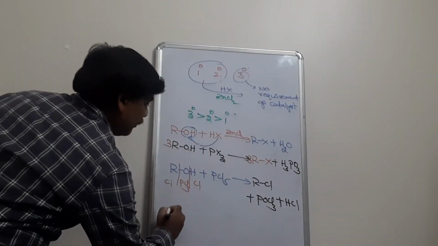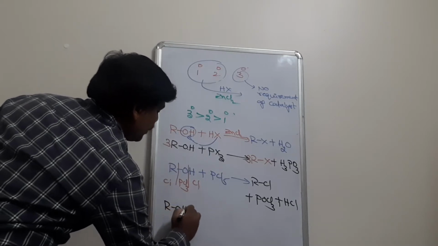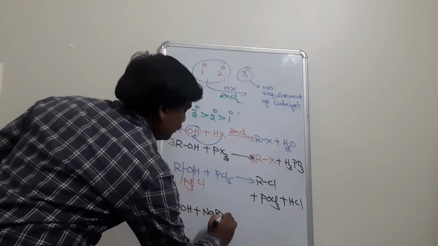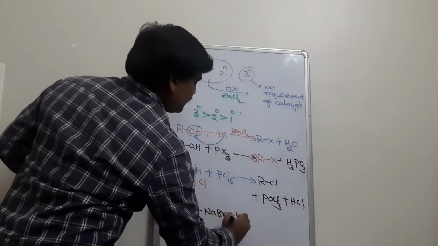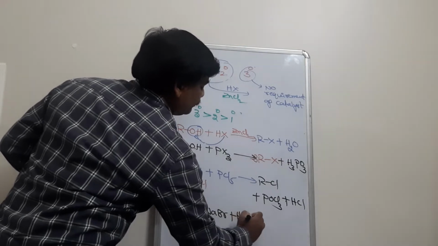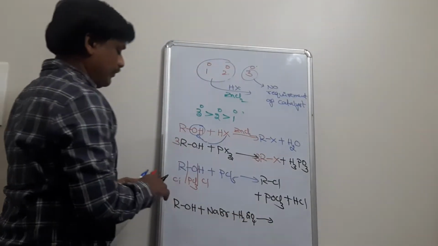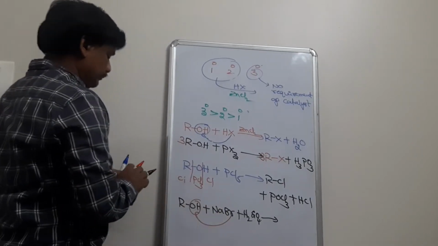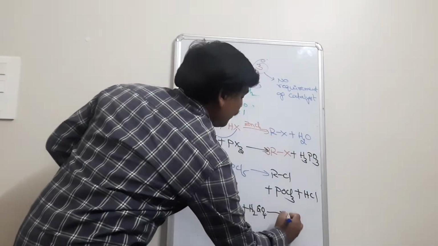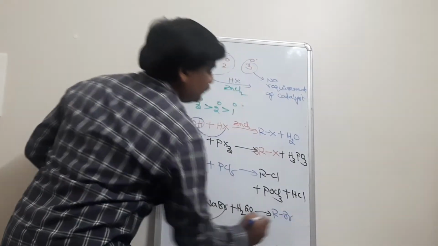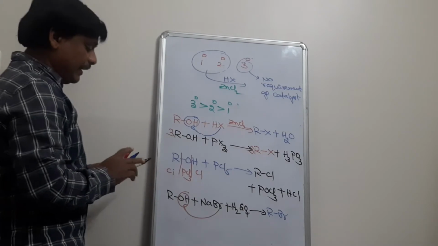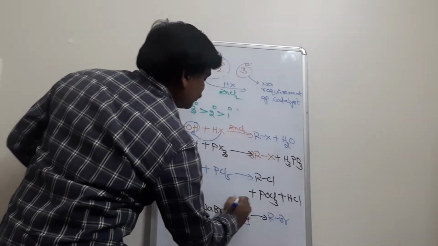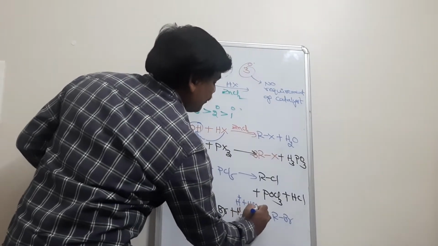And another preparation method is ROH plus NaBr plus H2SO4. What happens? The OH group is replaced by bromine, resulting in the formation of RBr. So here we get the alkyl halide, and the H2SO4 dissociates to form H plus and HSO4 minus.